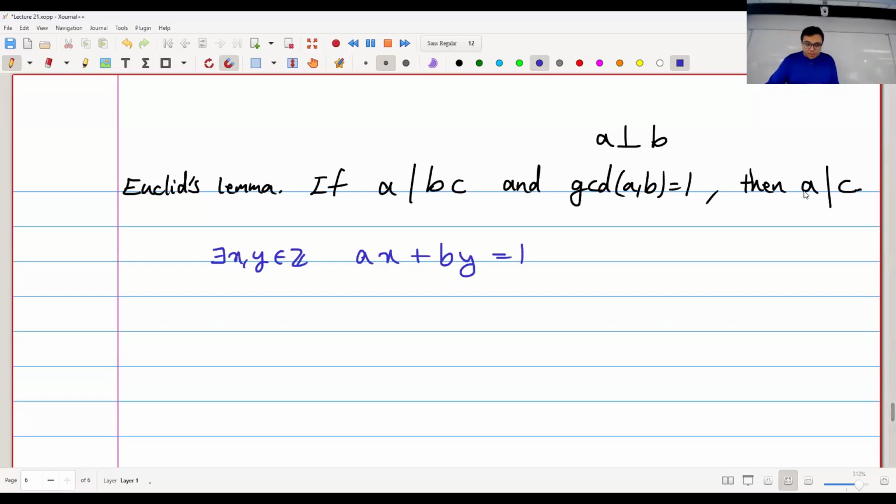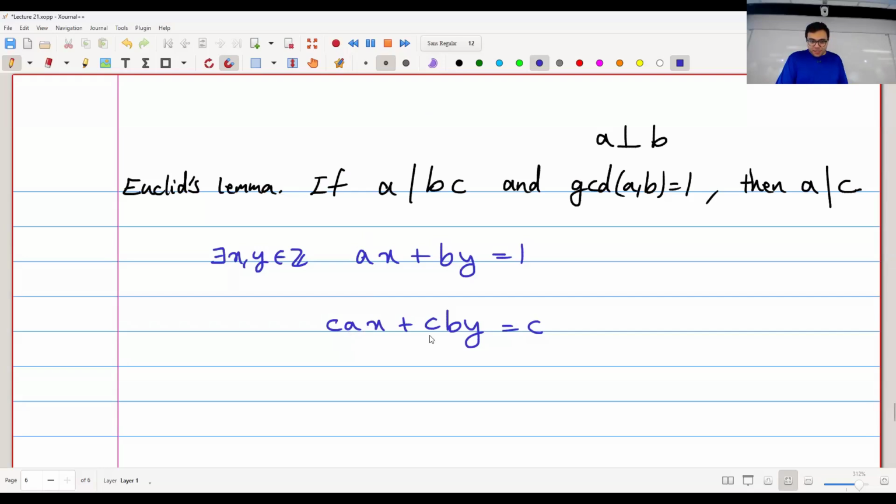Just multiply both sides by C. So CAX plus CBY is equal to C. But I want to show that C is a multiple of A. So I want to show that the left-hand side is a multiple of A. Okay. I don't have a problem with this term because it already has an A in it.